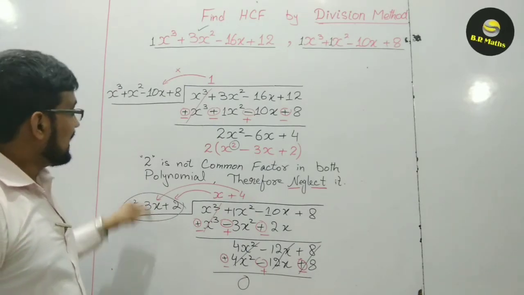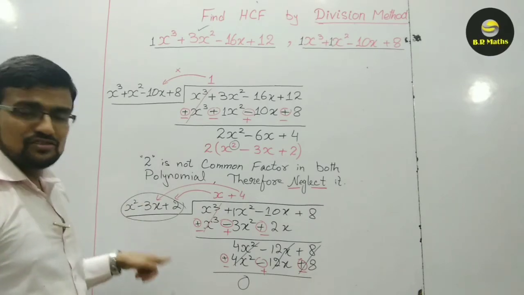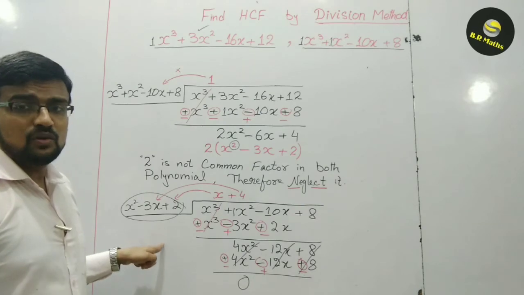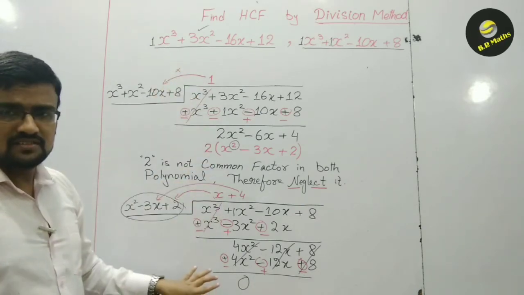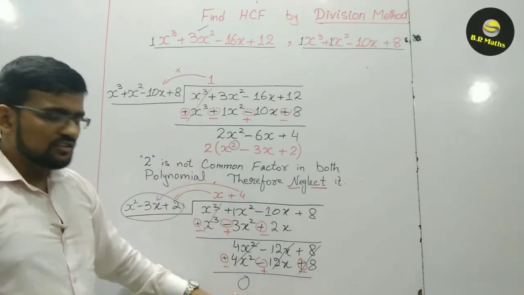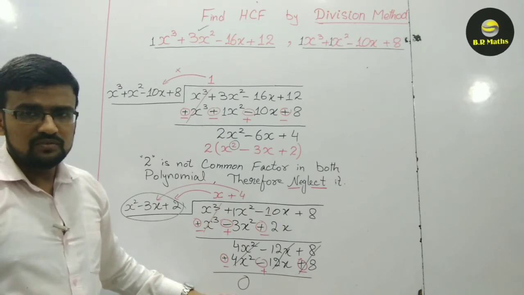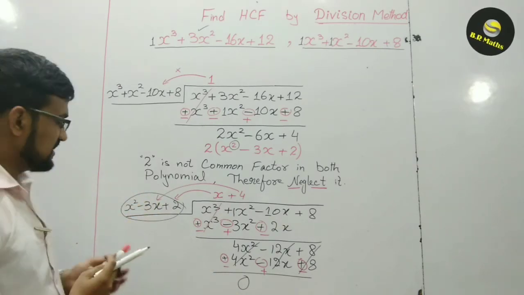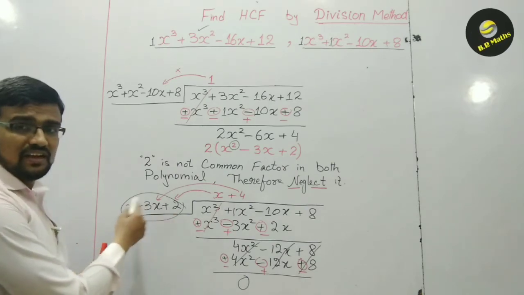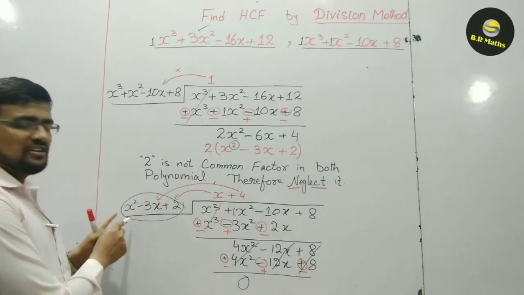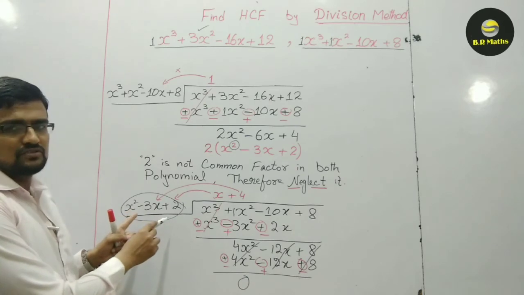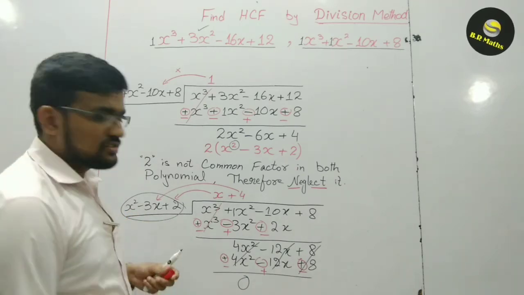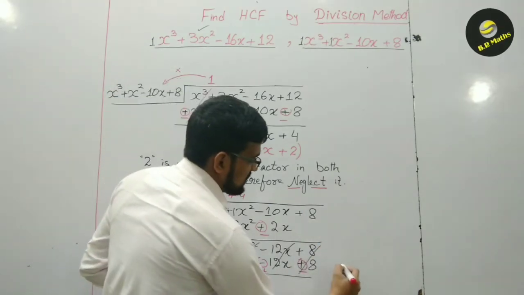Okay. You can also say the last divisor of the whole process at which the remainder is 0. Okay, the last divisor is called HCF. This one, HCF, x square minus 3x plus 2. Okay, this is the most important point.